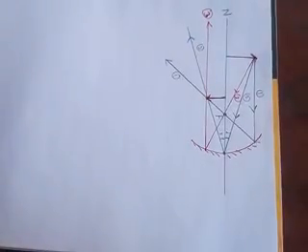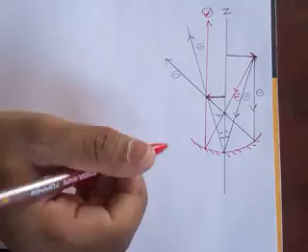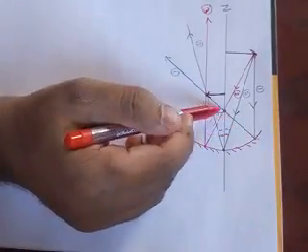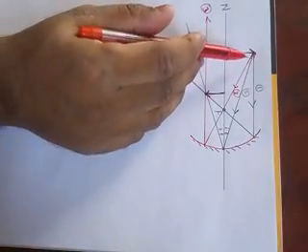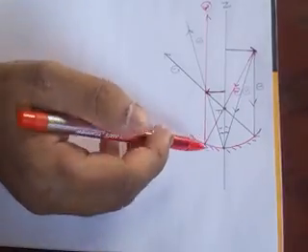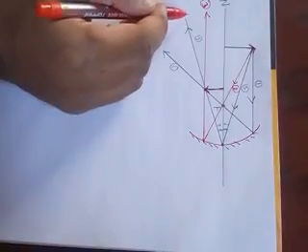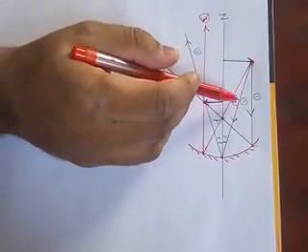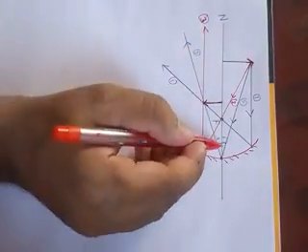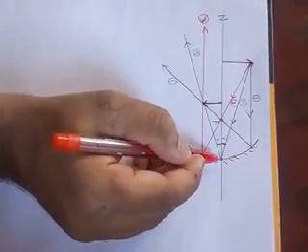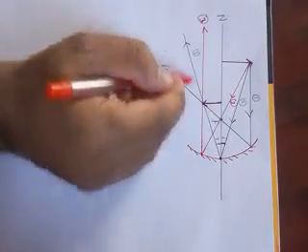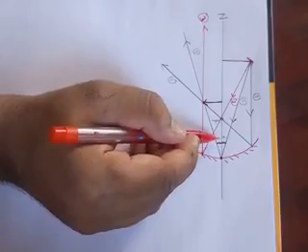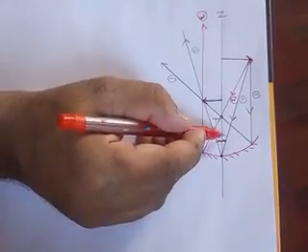So basically we are taking 3 types of incident rays. One ray is parallel to the principal axis, it will reflect and pass through the focus. Second one, if the ray is passing through the focus, then after reflection it will become parallel to the principal axis. And third one, if the ray is coming at the pole, then it will reflect from the pole, and we have to show angle of incidence and angle of reflection equal in amount, right?